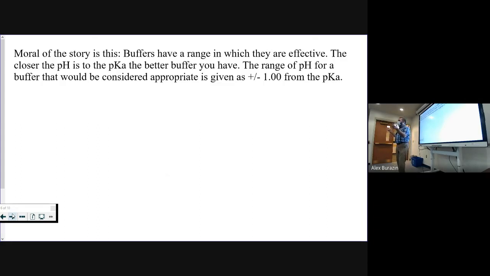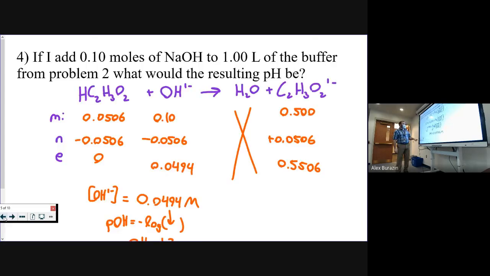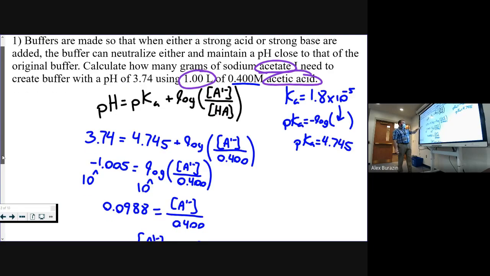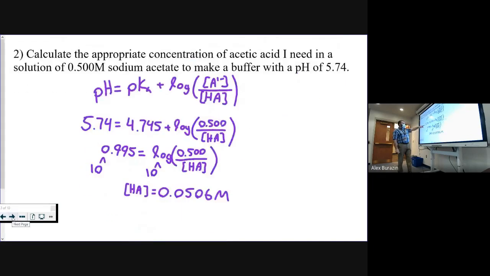Now, we were within that range, actually. We were at the extremes. What was the pKa of acetic acid? 4.74. We made a buffer at 3.74, and we made a buffer at 5.74. So we took the extremes of that range, and what we figured out was that it's not that good.